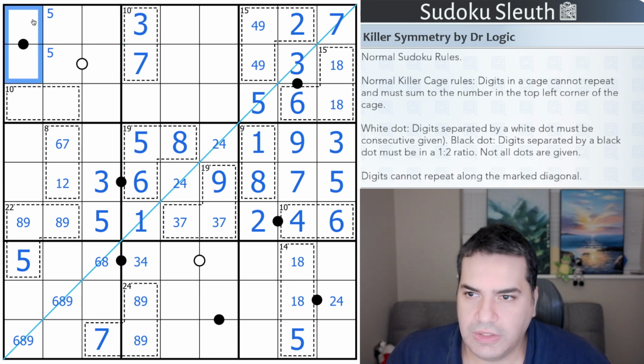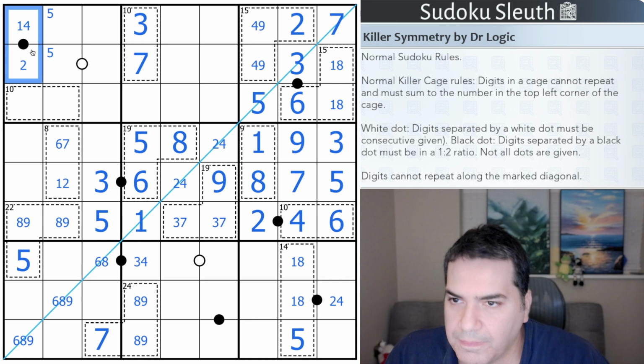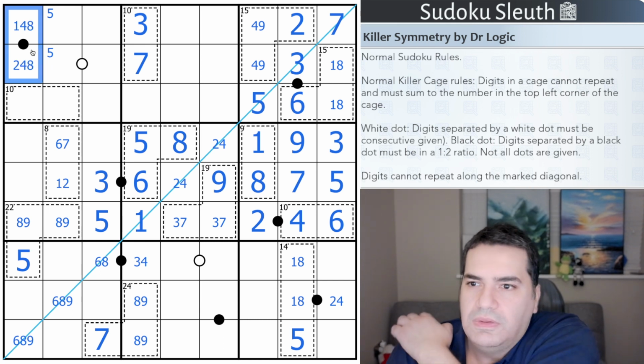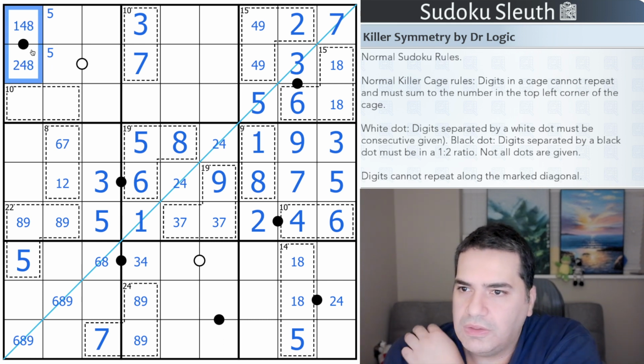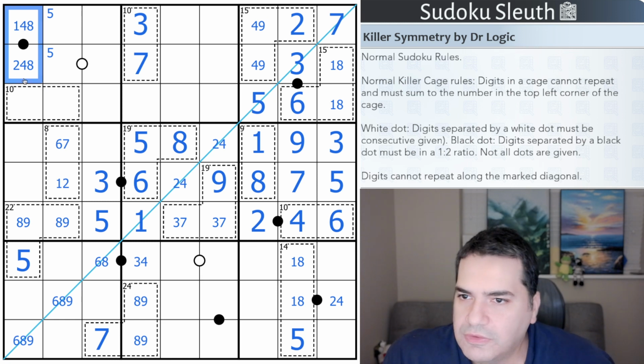We've got 3s looking at it. It could be 1-2. I don't think that causes a problem. No, other way around, 1-2. It could be 2-4. And I guess 4-8 could be any of them, really. So these are all the options, and I'm not sure that they're helpful, if I'm honest.